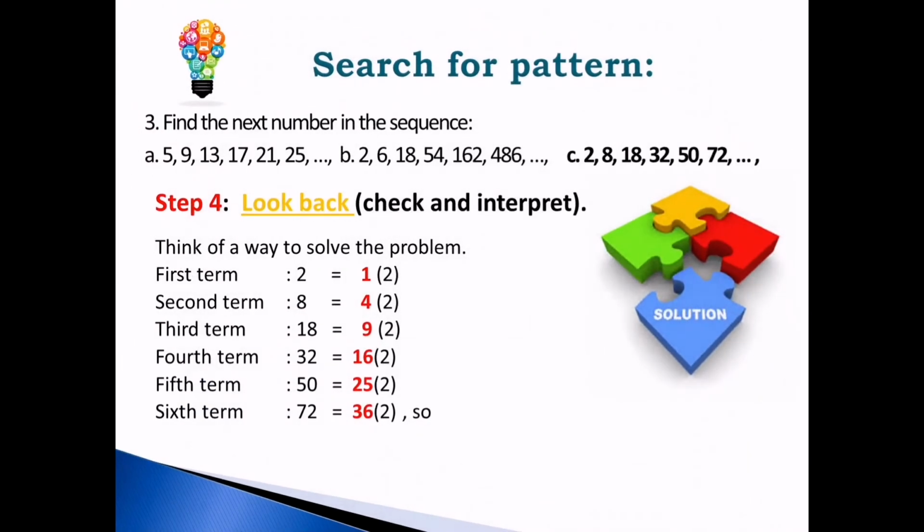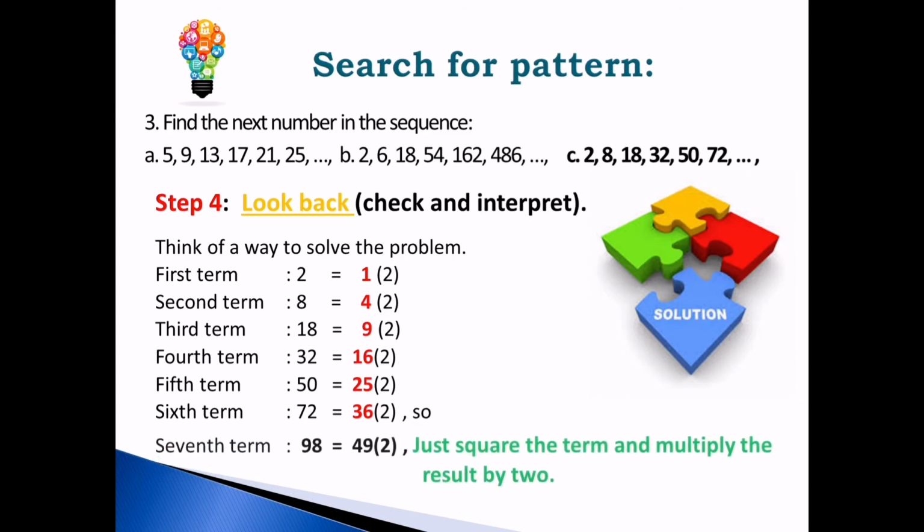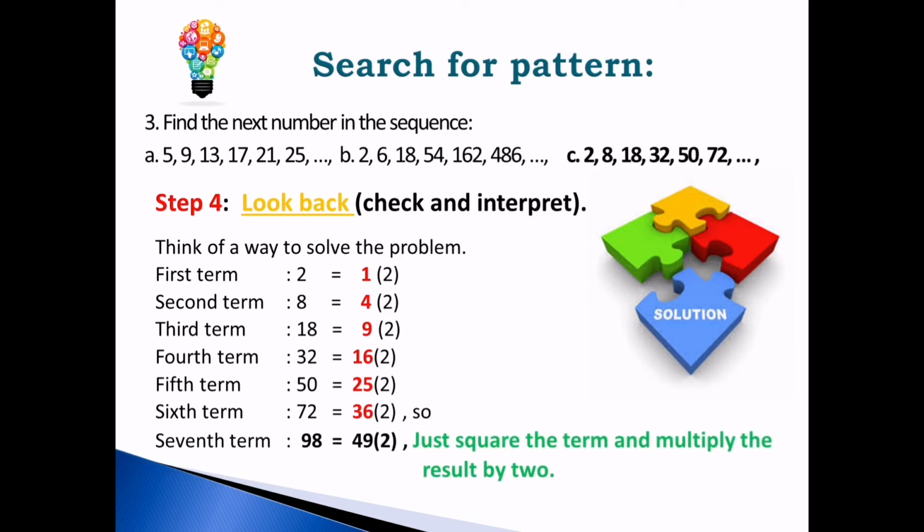Okay, so here in this process, we're going to use the formula we were able to have on the third step, and this is 49 times 2, since the square of 7 is 49, multiplied by 2 is 98. So again, just square the term and multiply the result by 2.